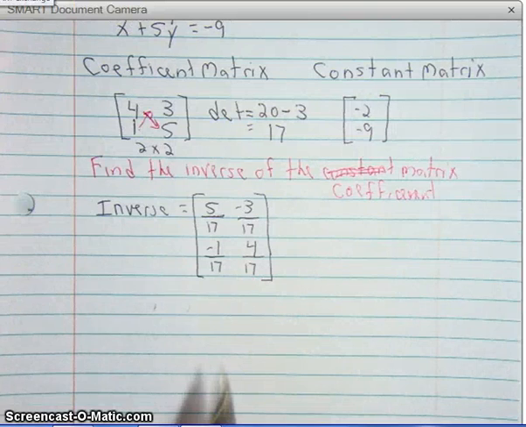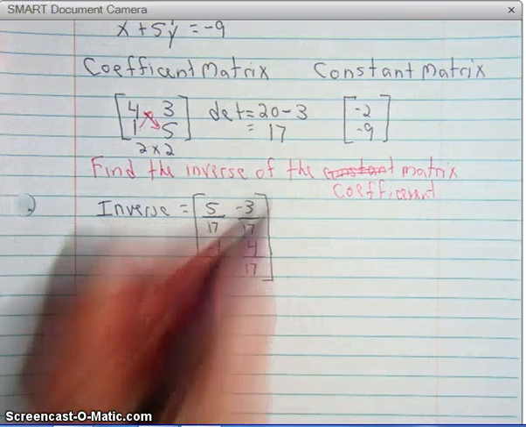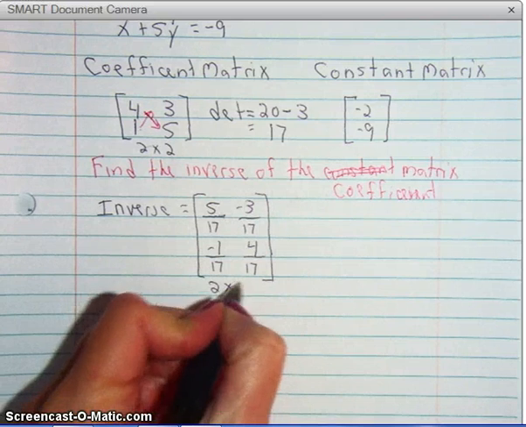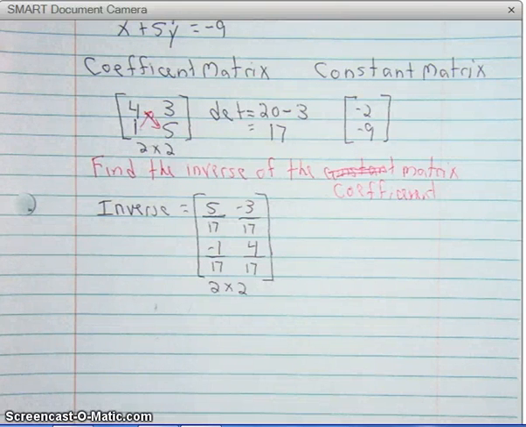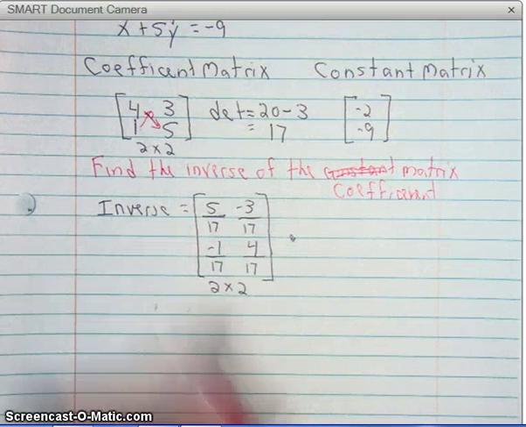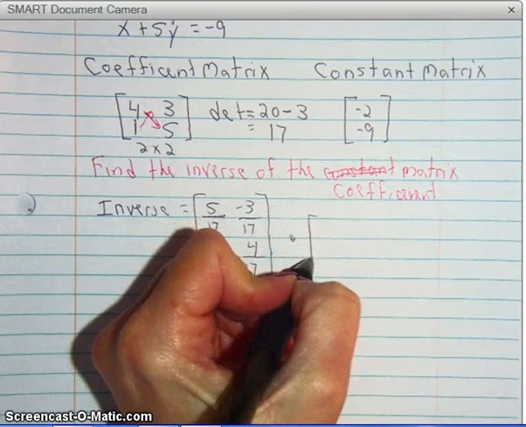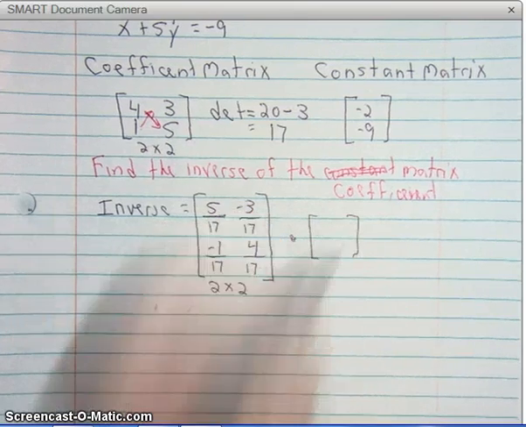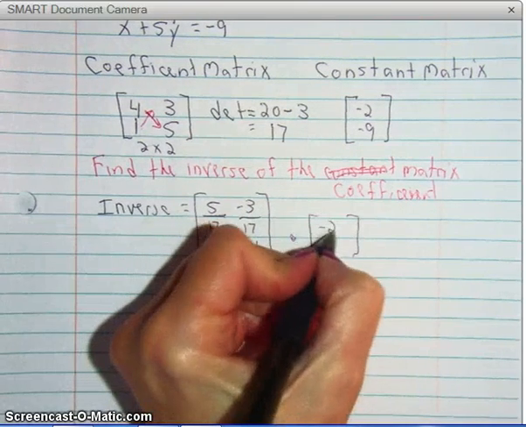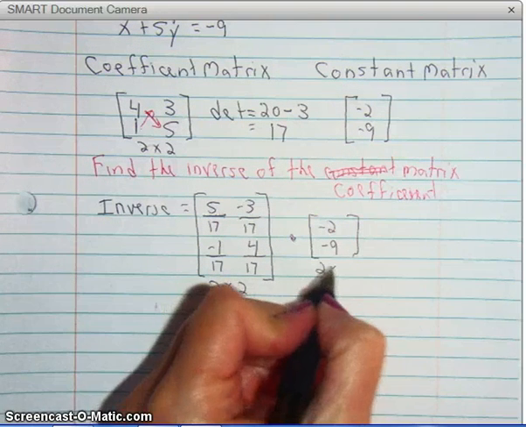All right. So we've got the inverse matrix. Once you get the inverse matrix, which is a 2 by 2, and none of those are going to reduce, right, guys? So those are what they are. Once you get the inverse matrix, you multiply it by the constant matrix, -2, -9, and that's a 2 by 1.